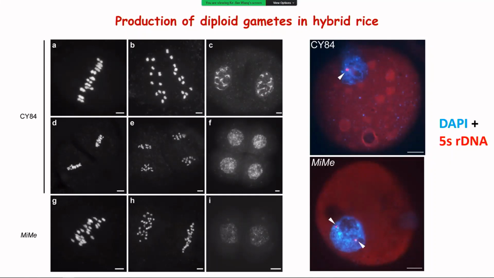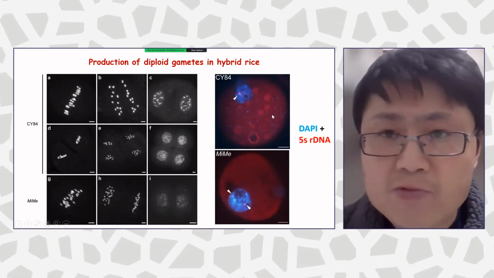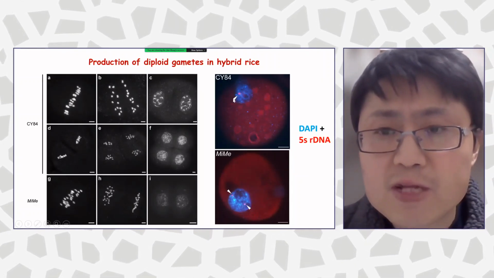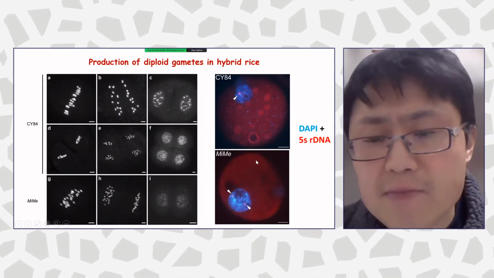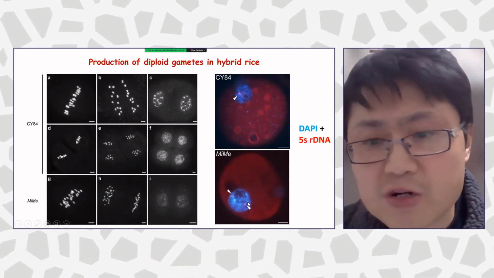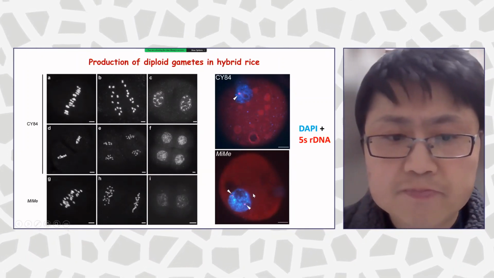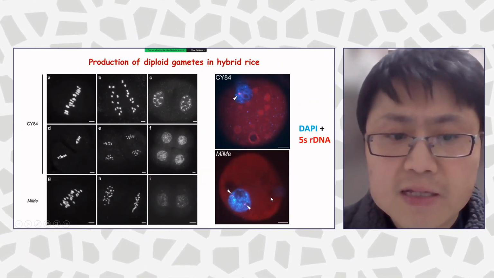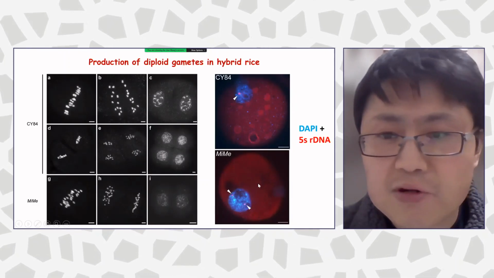Next, we conducted FISH experiments to determine the ploidy of the Mimic and the wild type. The blue color indicates the DAPI-stained DNA, and red indicates the 5S rDNA on chromosome 11. As we can see, in the wild type, only one signal can be found, but in the Mimic mutant, two signals were constantly observed, indicating the gametes were diploid.